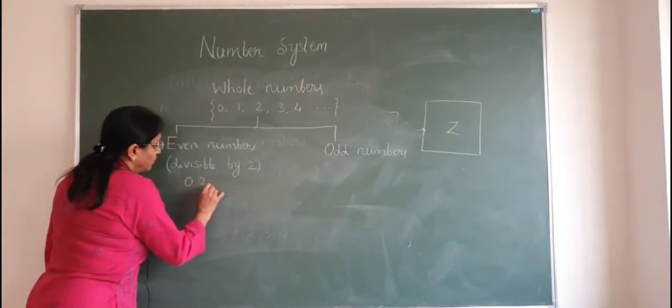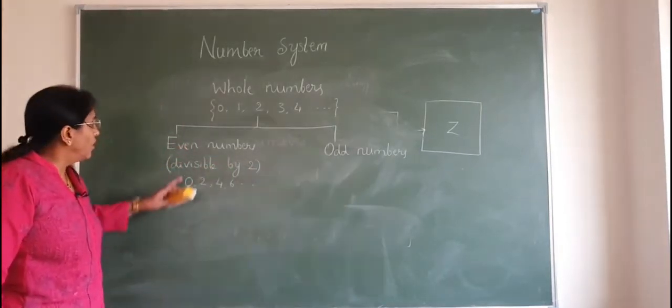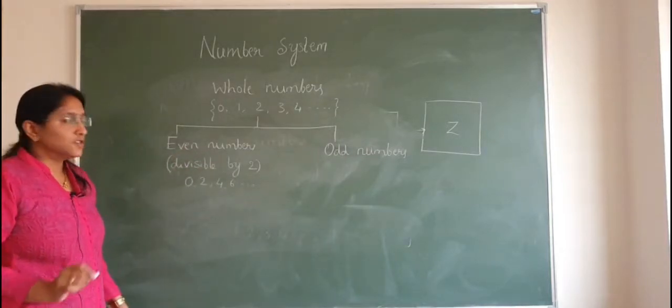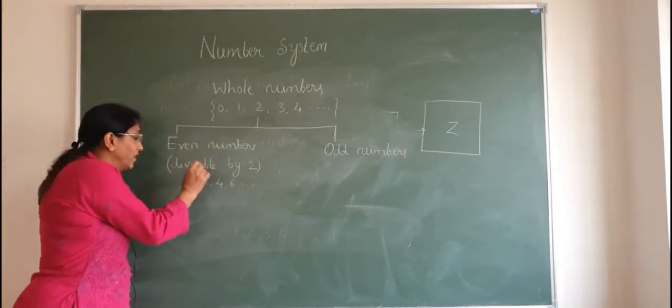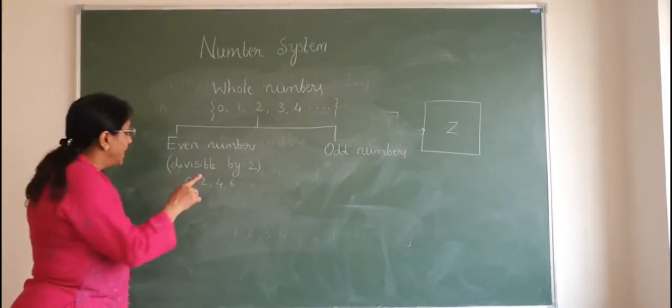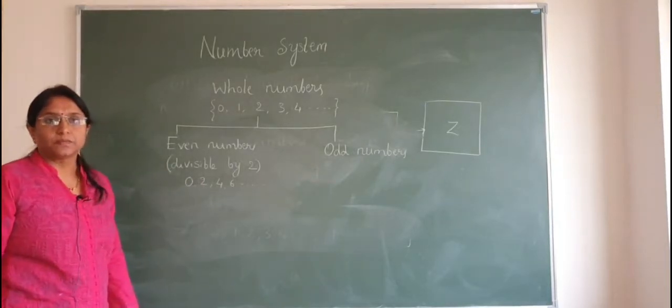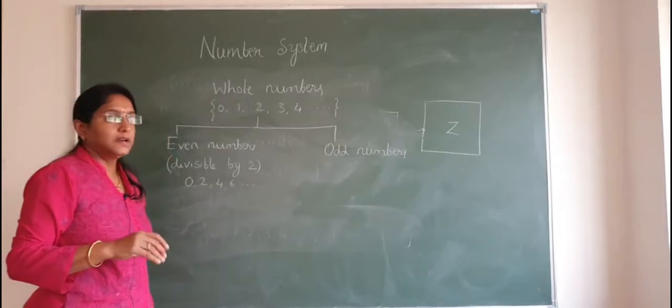Then 2, 4, 6 and so on. These are all even numbers. So the smallest even whole number is 0 and the smallest even natural number is 2. Then what are odd numbers?